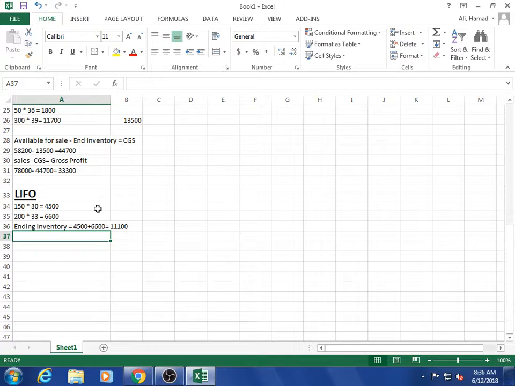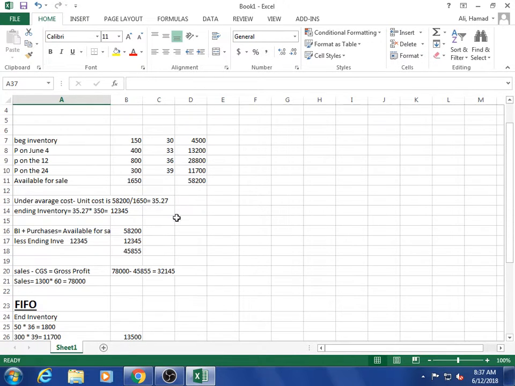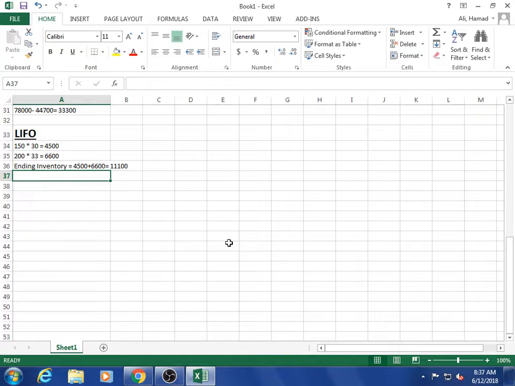So cost of goods sold is going to be available for sale minus 11,100. Very simple. The available for sale is what? 58,200. See, once you find it, the only thing that changes, that makes this figure change, is ending inventory.